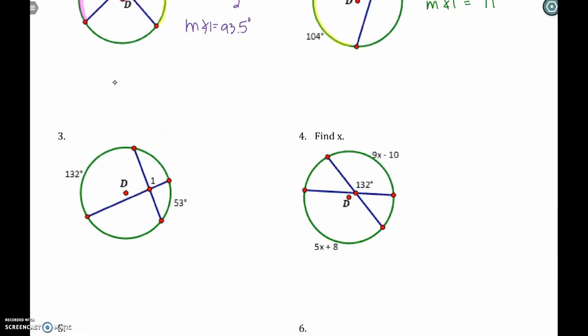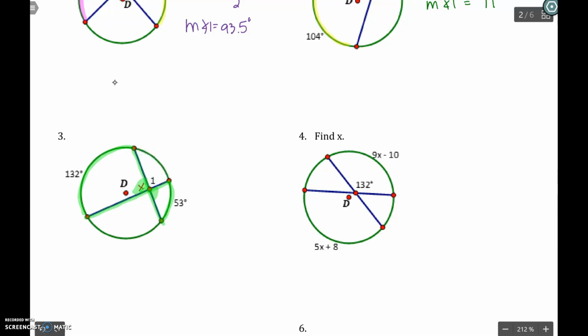Now if we look at this one, angle 1, what we're looking for, would intercept this arc, which we currently don't know. So we're not actually going to be able to find that one first. Instead, let's find its supplement, because its supplement, this x here, is intercepting the 132, and then the vertical angle to it is intercepting the 53. Anytime you do these, it should look like you're dealing with a bow tie.